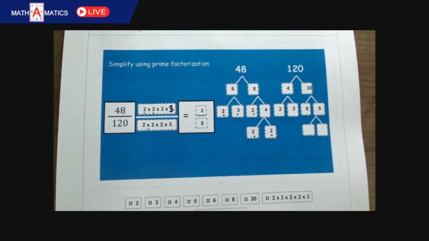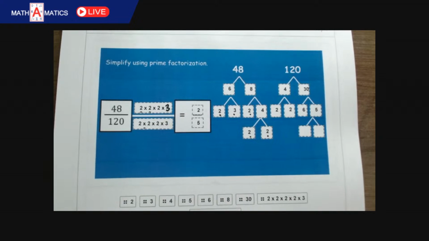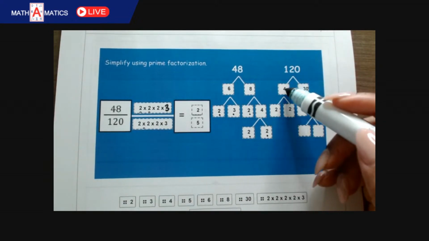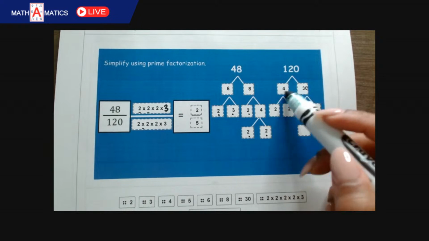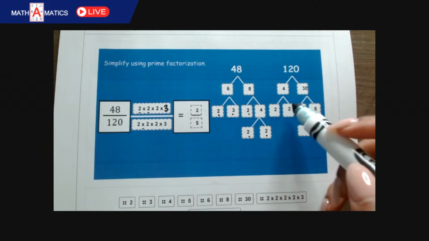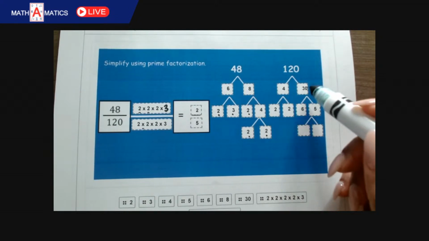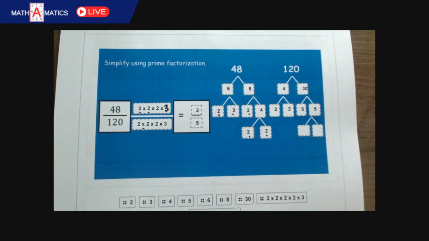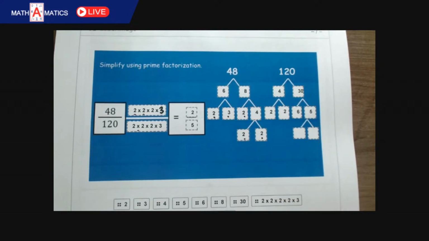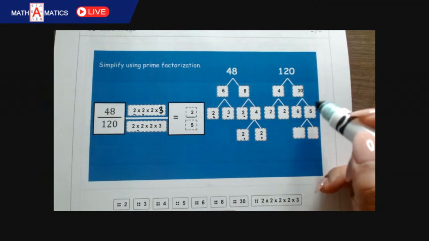Okay. And so now we're going to do the exact same thing for our 120. So they did 4 times 30, which is correct and great. And we know 4 is not prime, so it breaks down to 2 and 2, which are both prime, and 30 into 6 and 5. And actually, for this example, I know the student probably just started this.